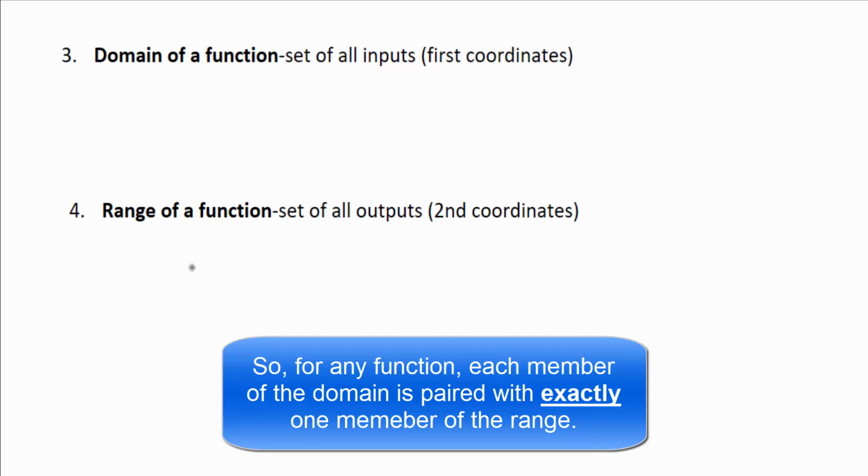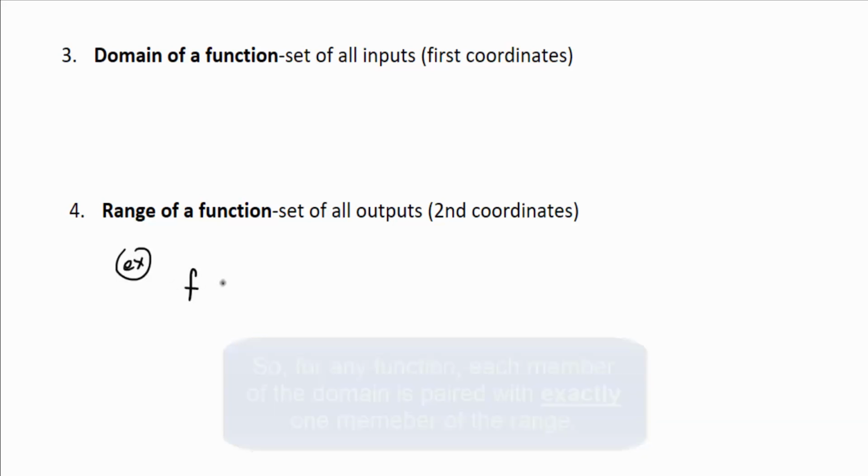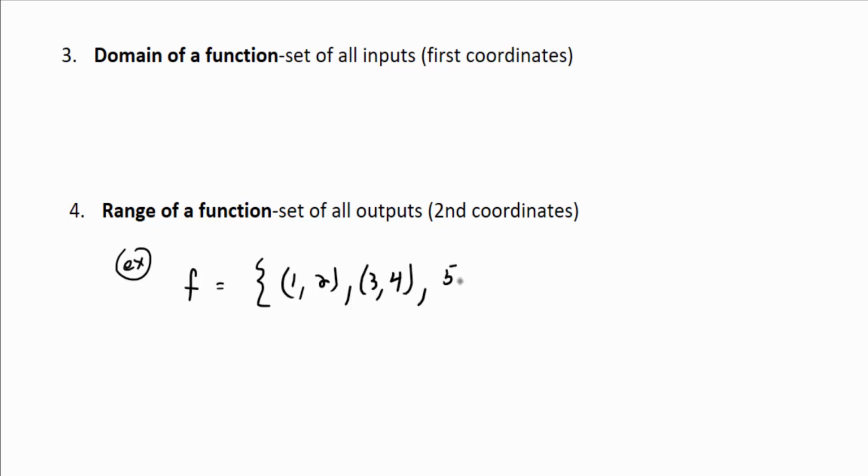So that function f from above, I think I said it was 1, 2, 3, 4, 5, 6. And then I think I went 7 back to 2, if I remember right. Not that it matters. So the domain, you could go D for domain.